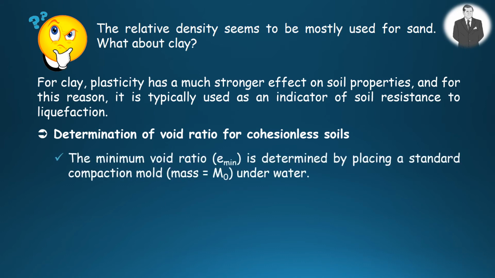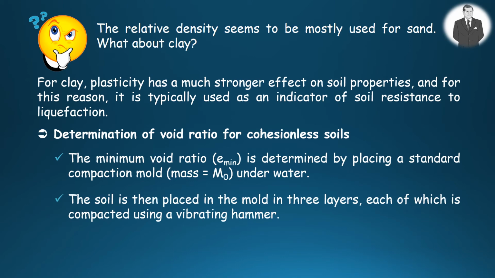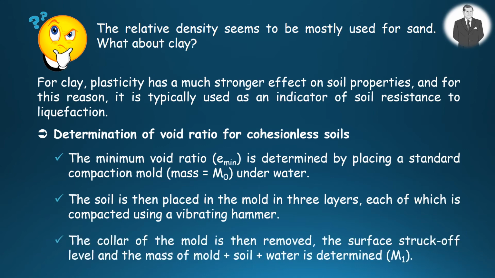The minimum void ratio is determined by placing a standard compaction mold underwater. The soil is then placed in the mold in about 3 equal layers, each of which is compacted using a vibrating hammer. The collar of the mold is then dismantled, the surface is leveled, and the total mass of mold, soil, and water is ascertained.